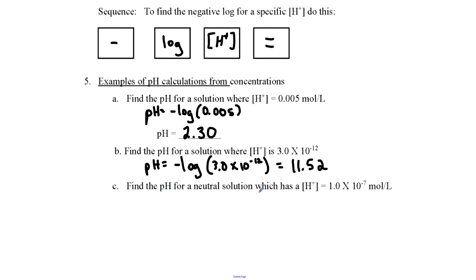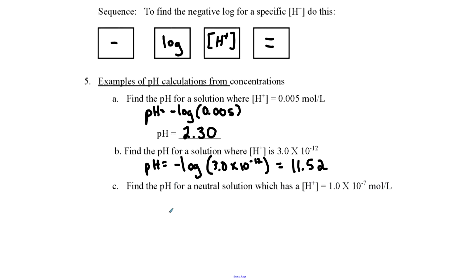Find the pH for a neutral solution. Okay, so neutral means neither an acid or a base. So it should result in a pH of 7. So if this is the hydrogen ion concentration, and this makes sense, right? We know that this is in water. When we were doing our KW calculations, in water, the H plus and the OH minus concentrations are both equal to this, 1 times 10 to the negative 7, and that gives that KW value of 1 times 10 to the negative 14.